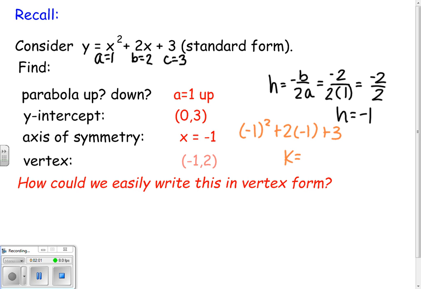You end up with 2, and so your k value and your h value go into the vertex to get (negative 1, 2). At this point, we wanted to talk about writing this in vertex form. Vertex form requires 3 letters, an a, an h, and a k, and we have them all. We've already written down that a is 1, we found that h is negative 1, and we found that k was 2.